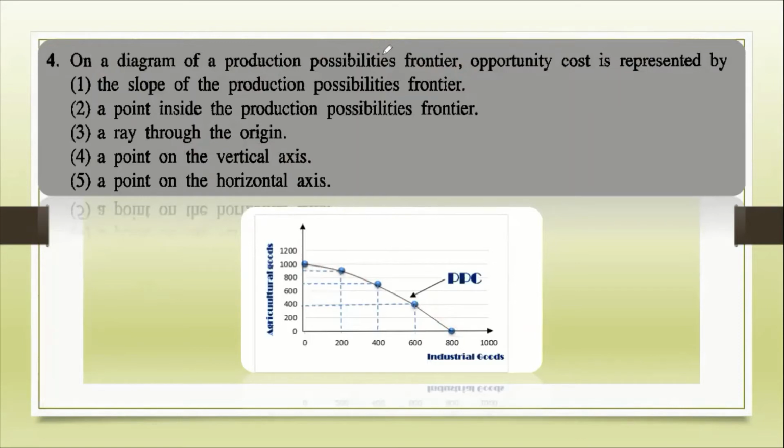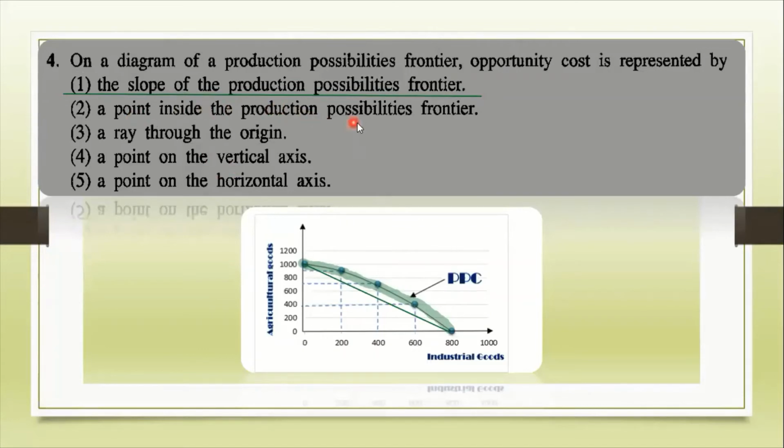If the slope is concave to the origin, then we can say increasing opportunity cost is there. If the production possibility curve is a straight line, the opportunity cost is constant. Therefore, opportunity cost is shown by the slope of the production possibilities curve. Then this one is correct.